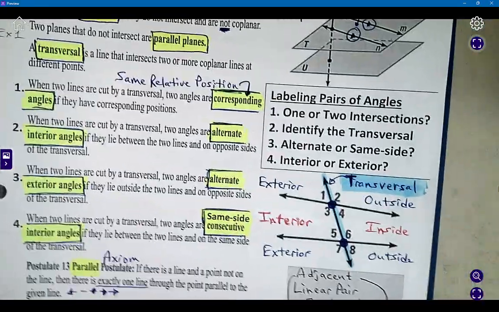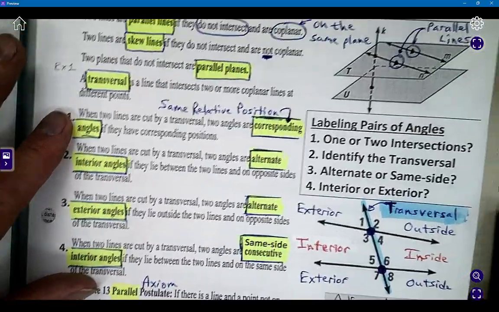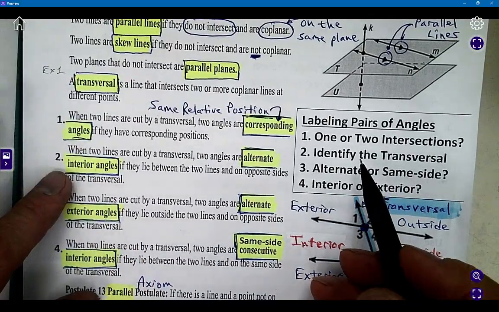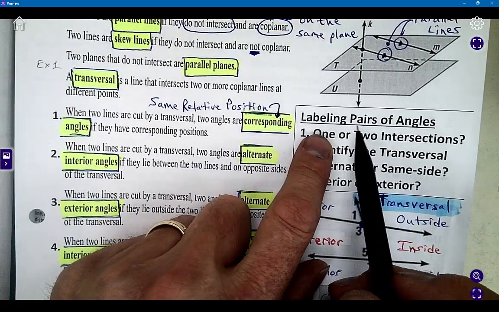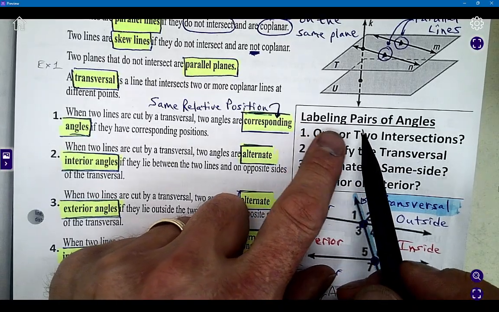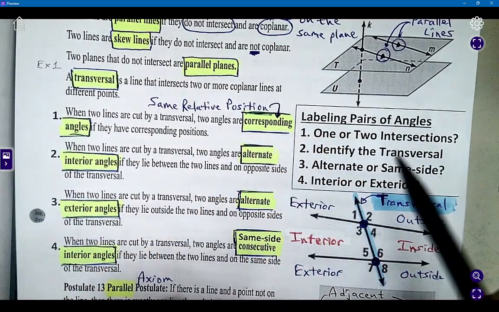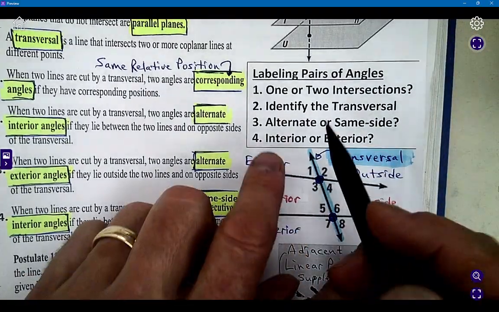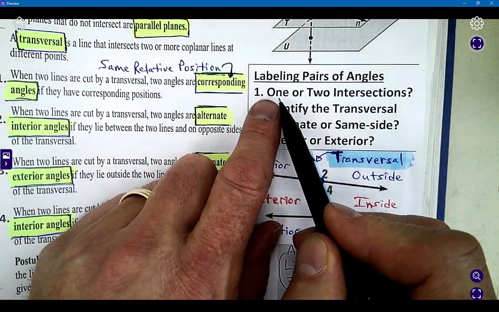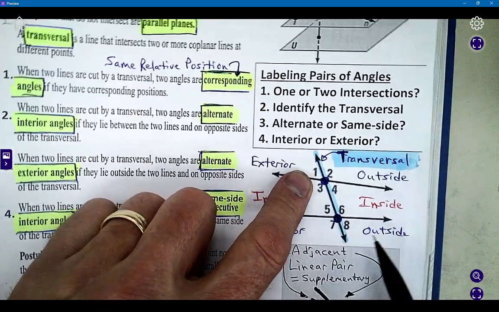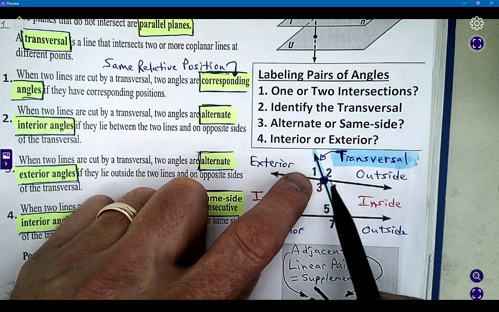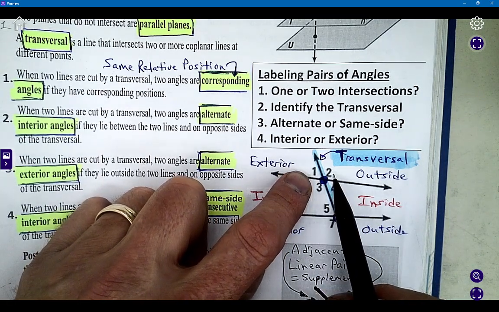All right, now let's get into it. Let's follow our procedure here on how to determine and label a pair of angles. Remember, the first question is one or two intersections. Let's be thinking about angles 1 and 2.